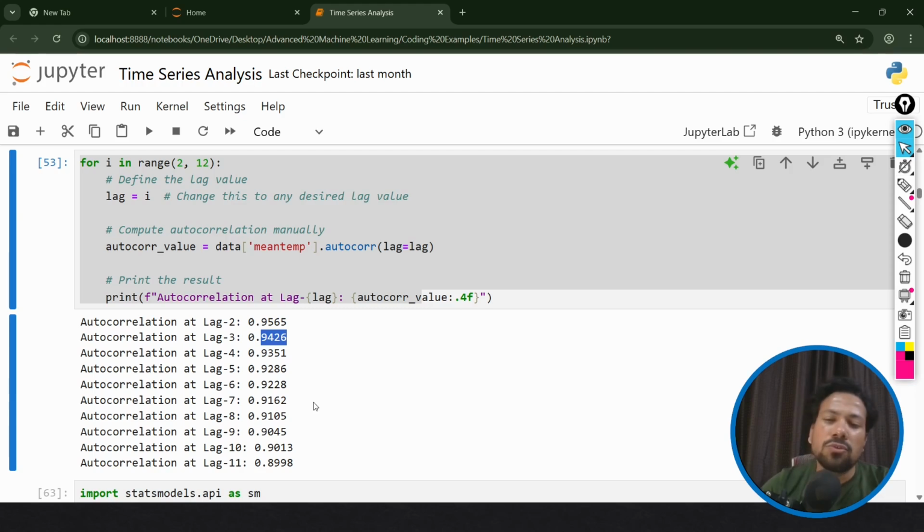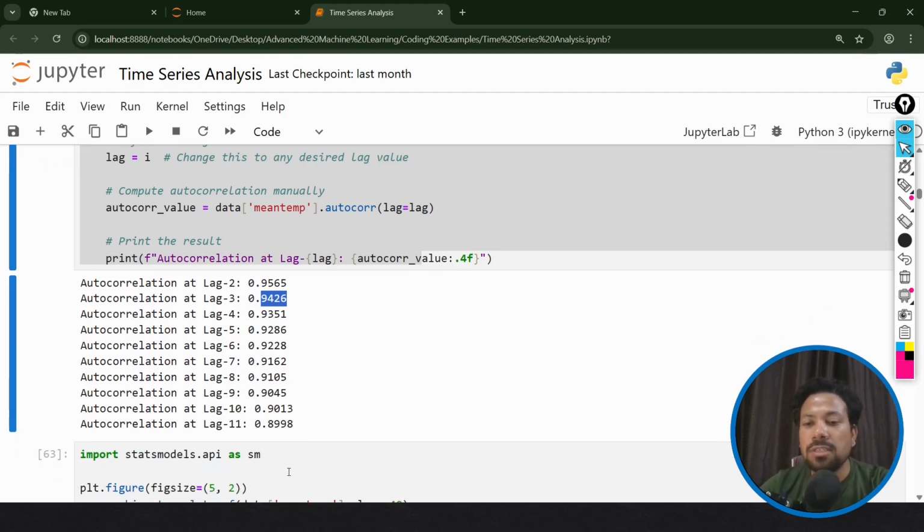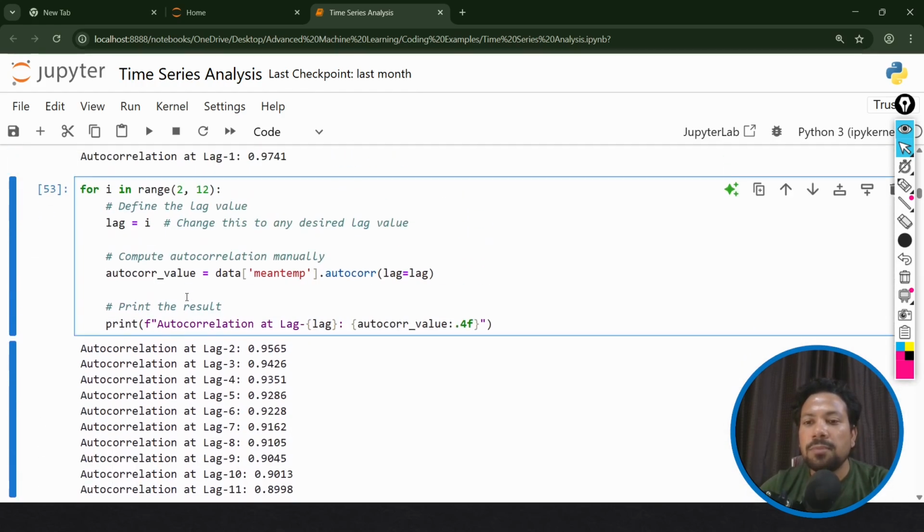It also makes sense, because my present value is not going to be influenced that much by my previous 10th value. You can find it with the help of this particular code.